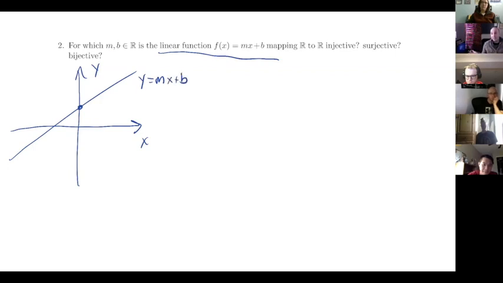So for this function, is this injective? Yeah, right. In fact, if we set the output to any value, we could figure out the corresponding input that gets mapped to it by subtracting b and dividing by m. So this is injective.